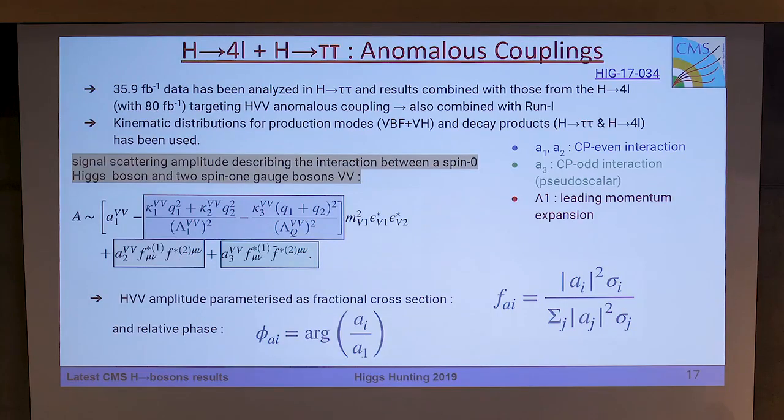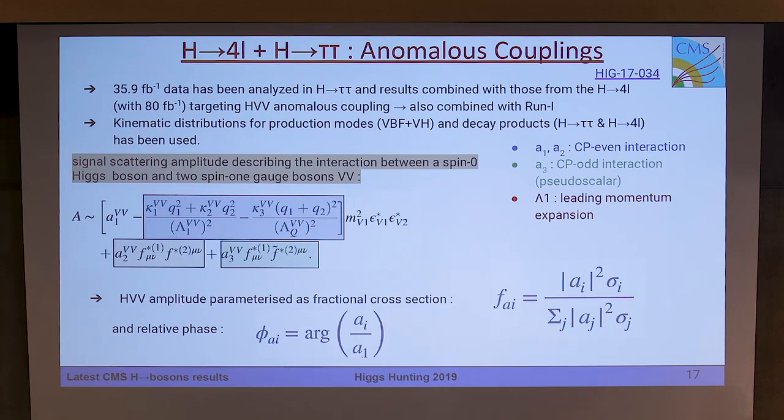And this is about the anomalous couplings of Higgs to VV. So the kinematic distributions for the production modes and the decay products have been used. Both analyses followed a similar strategy, and the signal scattering amplitude for the spin 0 Higgs boson with the 2 spin 1 gauge bosons is represented by this formula, where A1, A2 are the CP even interaction parameters, and A3 represents the CP odd.